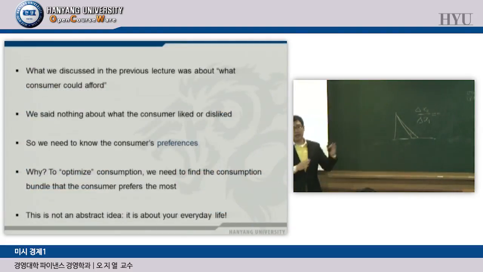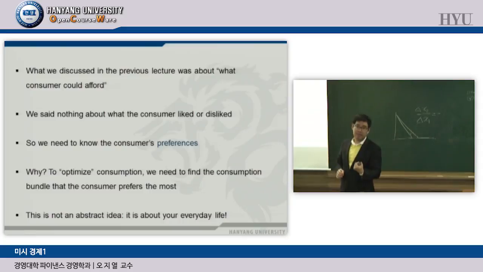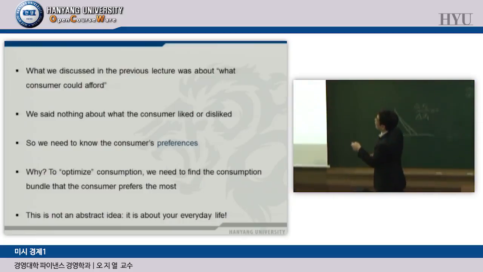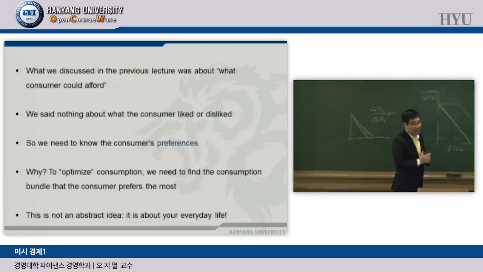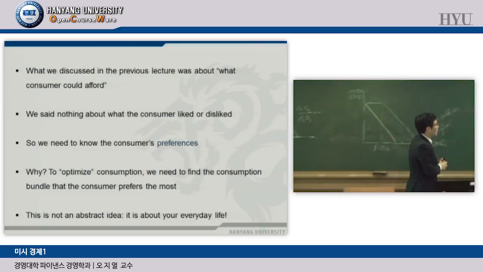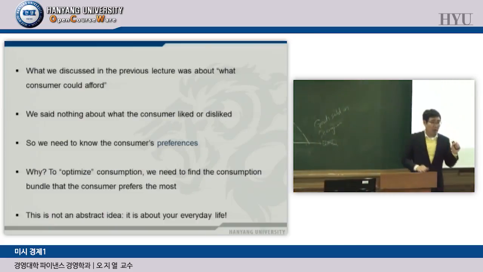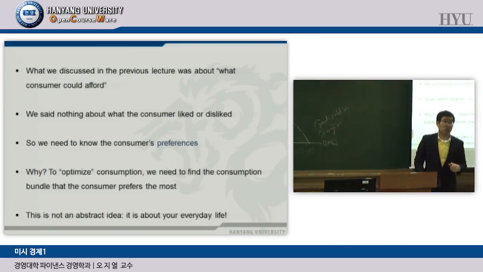Now, what we discussed until now was about what you can afford. But we said nothing about what you liked or what you disliked. You as a person. That's another thing. You need to know what people like to be able to talk about optimal choice.